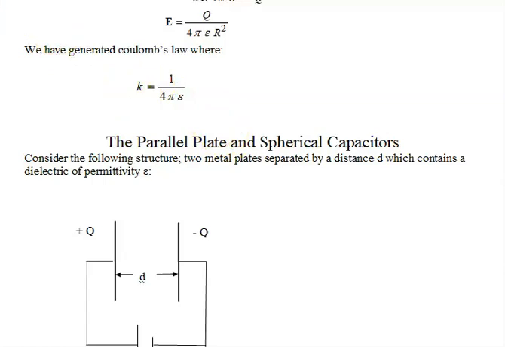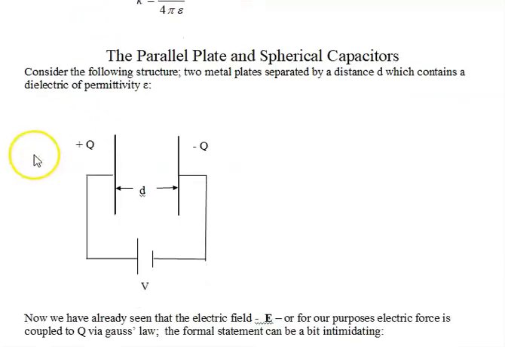Okay, so the next thing we're going to look at is the parallel plate capacitor, and then we'll go back to the spherical capacitor when we find the capacitance of the Earth. So let's consider this particular structure. We have a voltage, positive electrode, which is the larger line here, positive charge on the left side, negative charge on the right side, two parallel plates separated by a distance d.